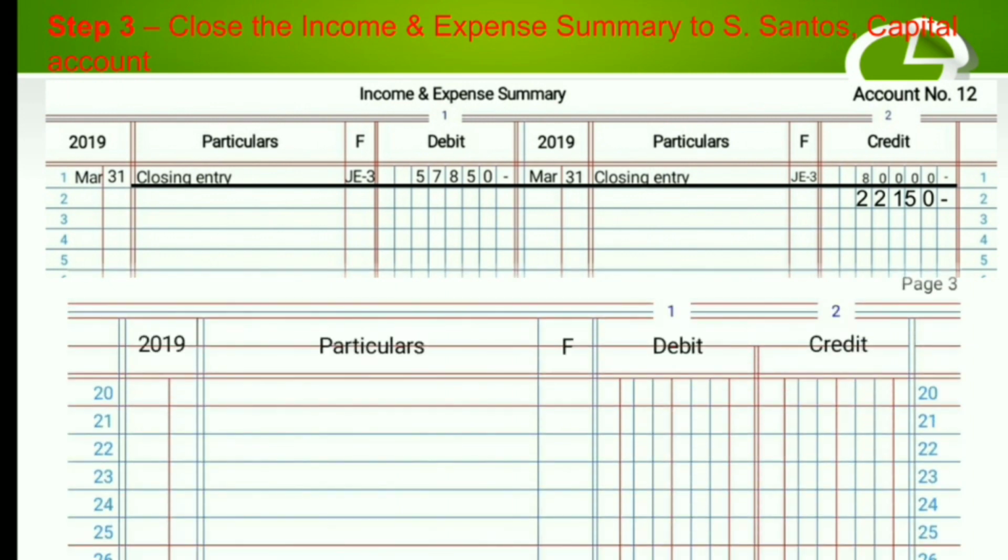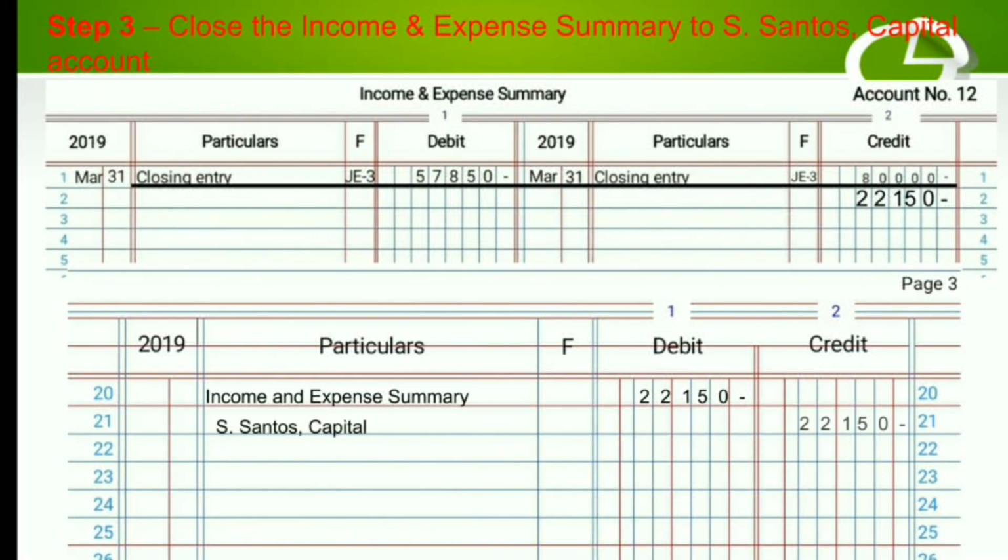So that's why we have here in page 3 of our general journal, our debit is income and expense summary of 22,150 pesos. And for the credit entry, it will be S. Santos Capital of 22,150 pesos.